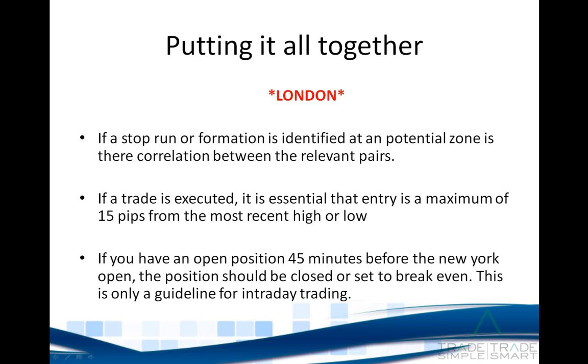So the 15 pip maximum rule is to ensure that we don't get manipulated and stopped out of the market if the second leg of the M and W formation takes out the most recently set high or low.